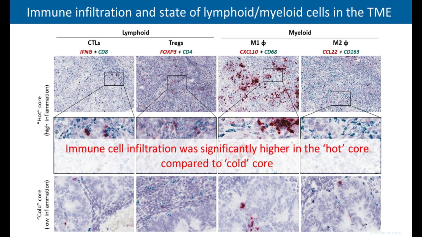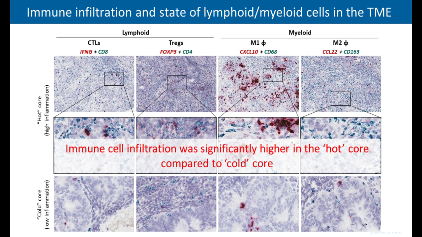And it is clearly visible that the degree of infiltration of these immune cells is much higher in the hot core compared to the cold core, potentially suggesting that a patient with the 2E2 tumor was more likely to have a successful immunotherapeutic response compared to the patient in the 2F1 core.